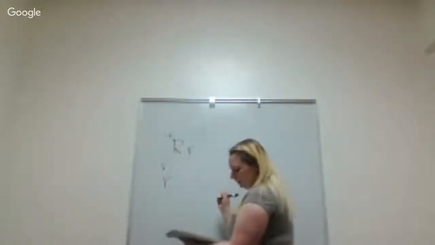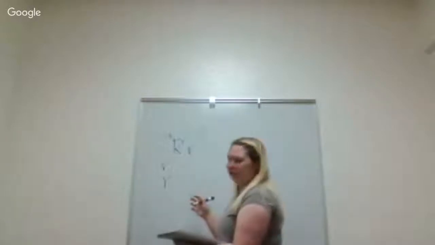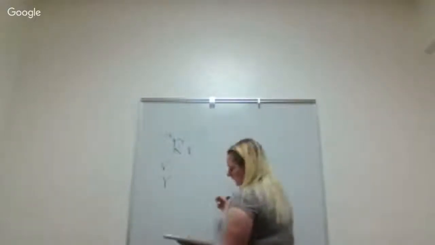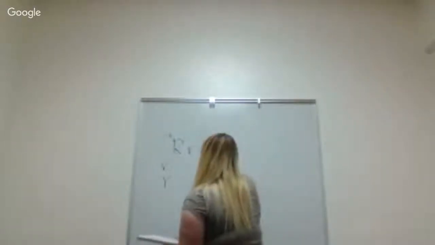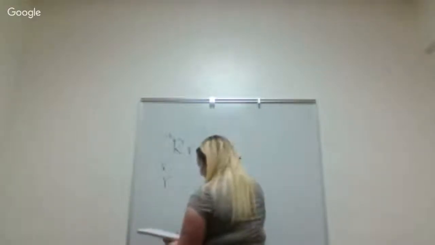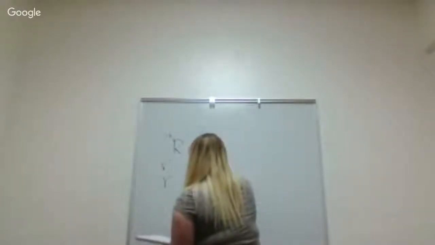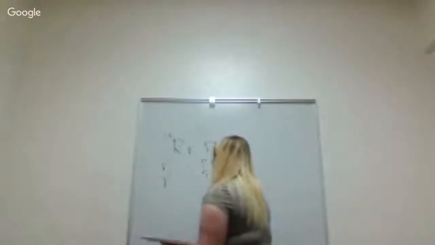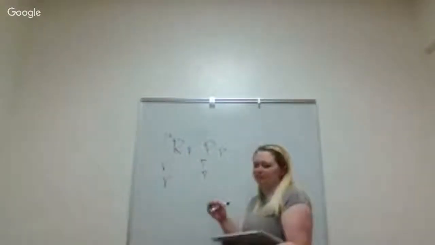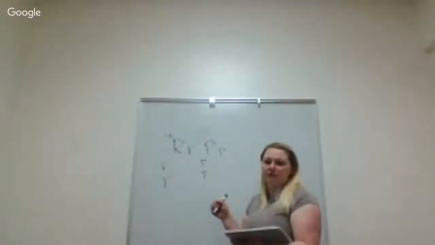It'll give us a 2/4 ratio. And for the other, we'll have to do a big P with a little p, and then another little p and little p. And so when we do that all together, it'll give us that 1:1:1 ratio.